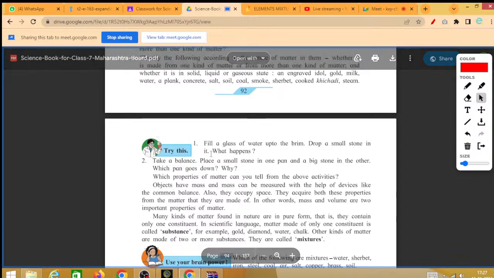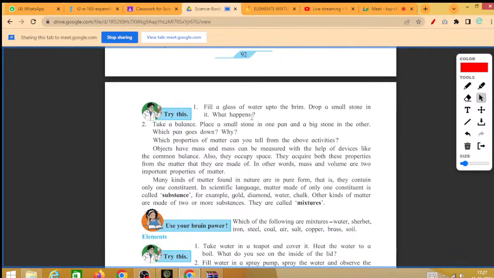Now next, Yukti, read this. Fill a glass of water to drink. Drop a small stone in it. What happens? What is meant by brim? Brim means till the top. Till the top you filled up.